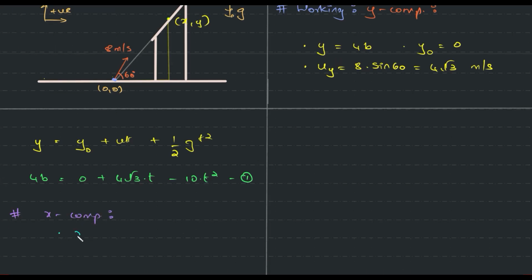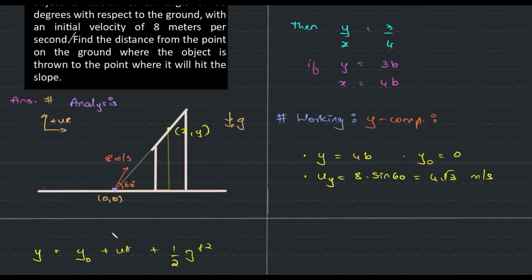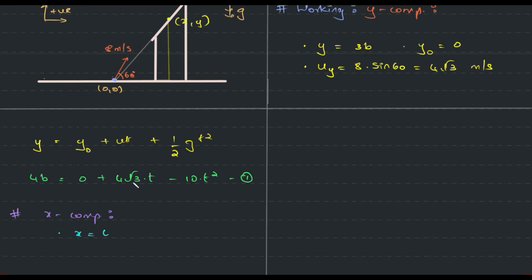When it comes to x, we know the final destination. I think this is 3. My bad, slope is y by x only, right? So this will be 3b and this will be 4b.